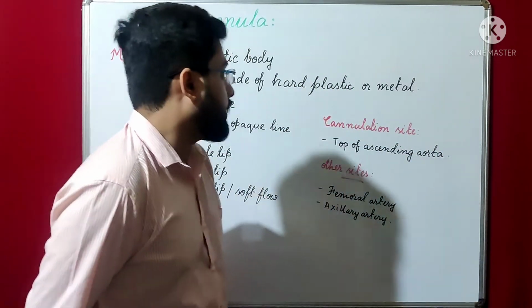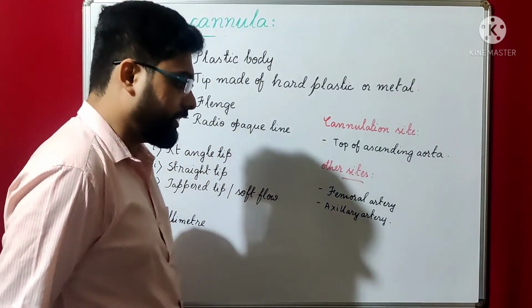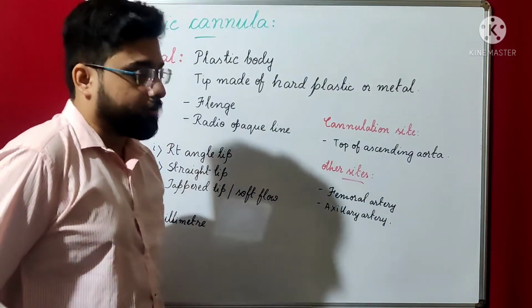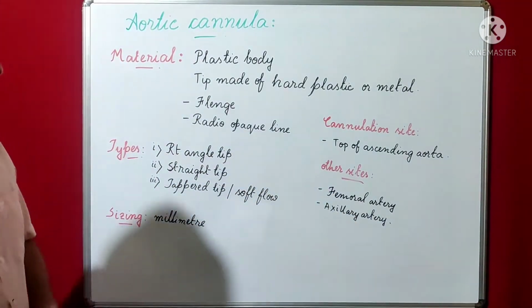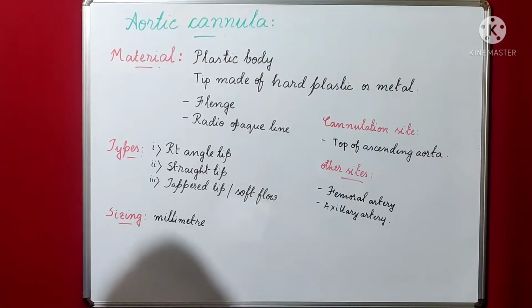In this session we are going to discuss aortic cannula, a very familiar piece of equipment of cardiopulmonary bypass. So what is aortic cannula? From the name you can easily understand that the aortic cannula is an arterial cannula.